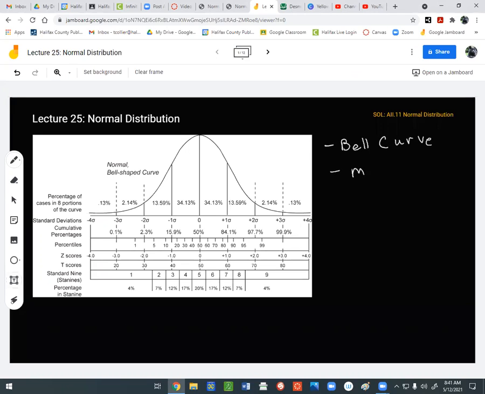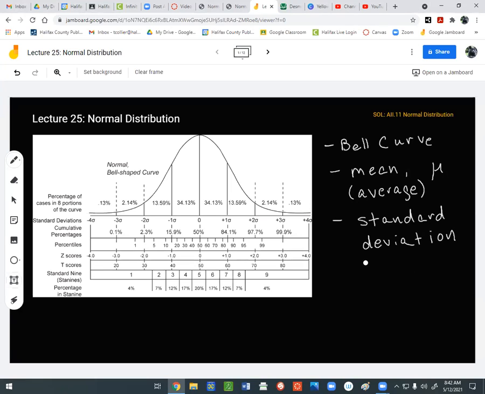It's going to be defined by the mean. Mean is another word for average, and the symbol that we're going to use for mean today is the Greek letter mu. We're also going to use standard deviation.